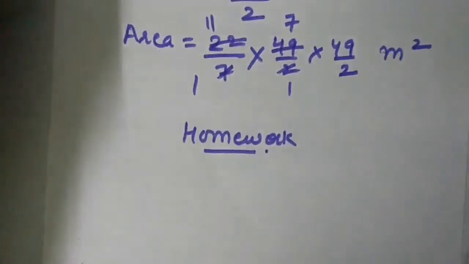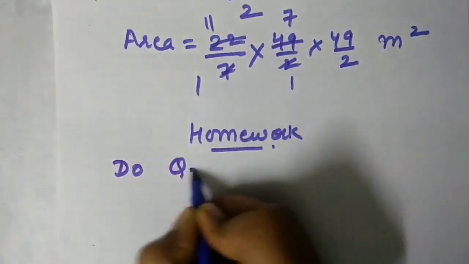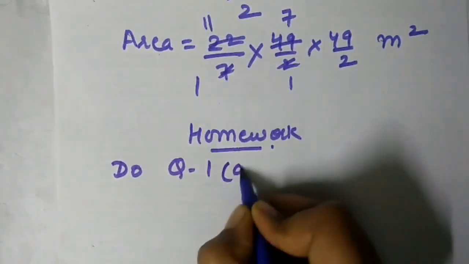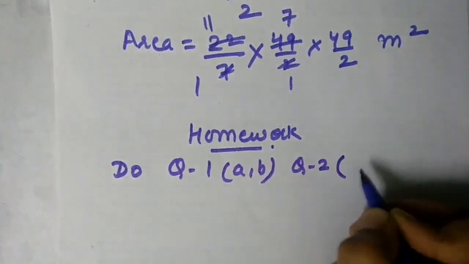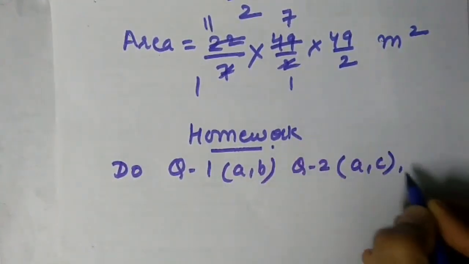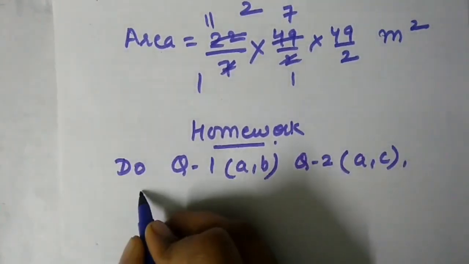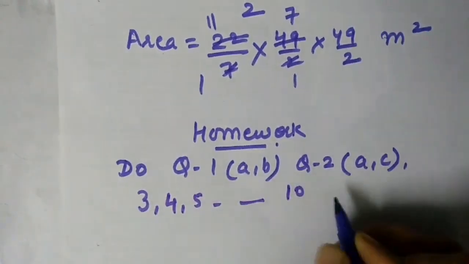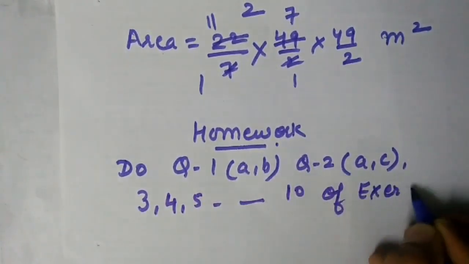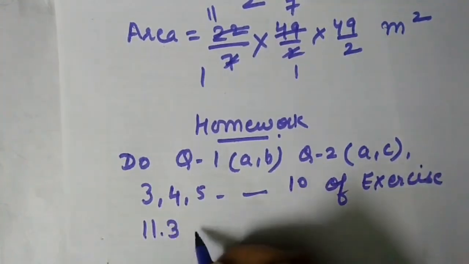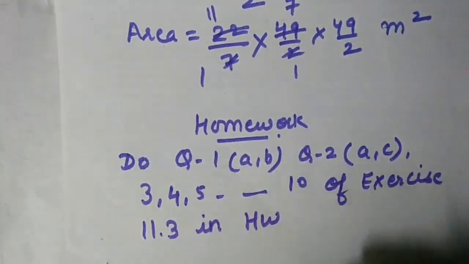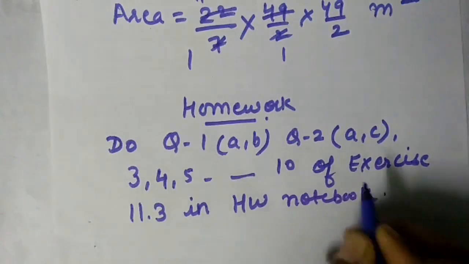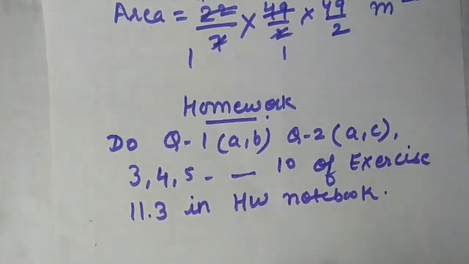Now your homework for today's lecture is, you have to do question number 1, only any two parts, say A and B. Question number 2, any two parts, A and C. Question number 3, 4, 5 and up to 10 you have to do, and these are of exercise 11.3, in your homework notebook. Doubts I will take in online classes. So you need to solve these 10 questions for today. Okay, thank you so much.